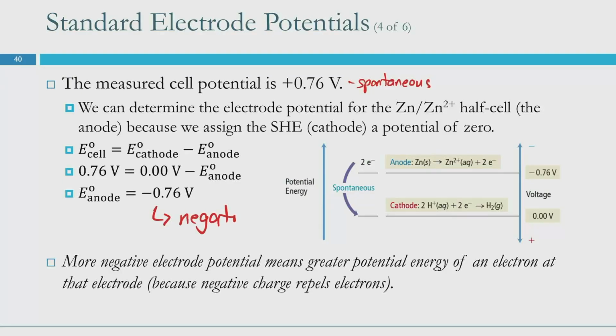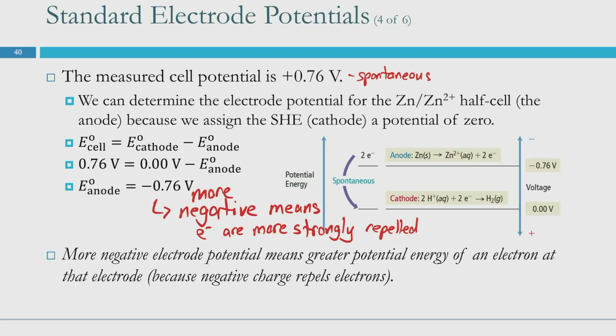A negative, or more negative, means electrons are more strongly repelled, would possibly be one way of thinking of it. I think there's two L's in repelled. And that's sort of written here: more negative electrode potential means greater potential energy of an electron.